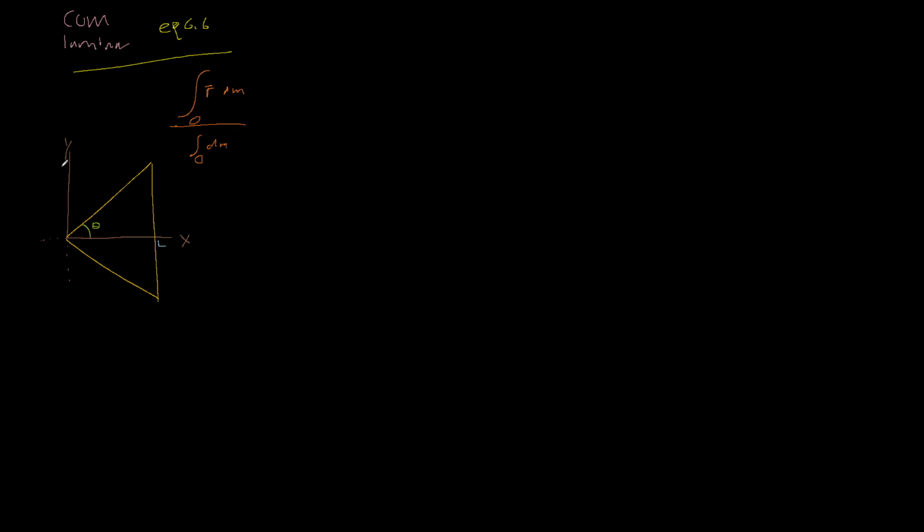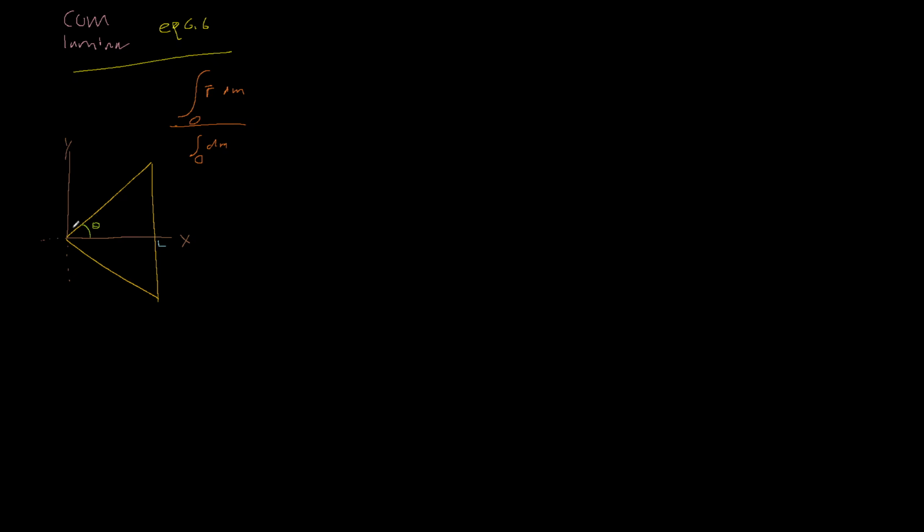We have our y-axis and x-axis, and the x-axis splits our triangle in half perfectly. It has a length, which is the height of the lamina, and we give it this upwards angle.